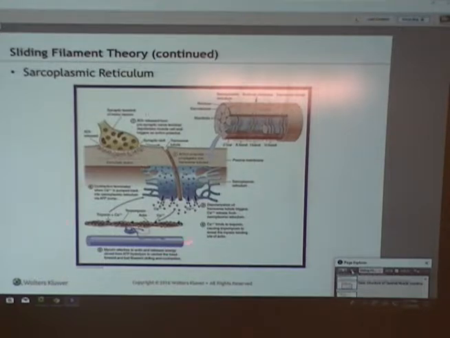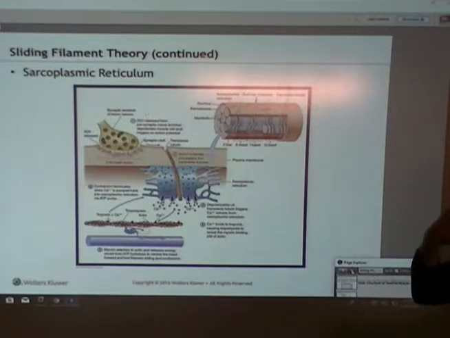So that stops the contraction, but remember we said that I can't lengthen a muscle. I can only shorten a muscle, all right? So once the contraction is turned off, the muscle gets lengthened either because the antagonistic muscle is contracting and pulling the arm down, or gravity is pulling the arm down and pulling the muscle back out to its resting length.